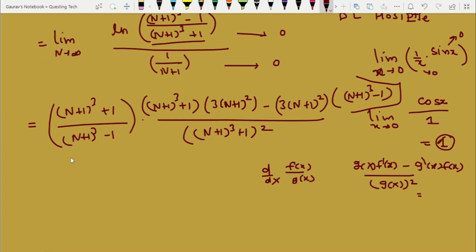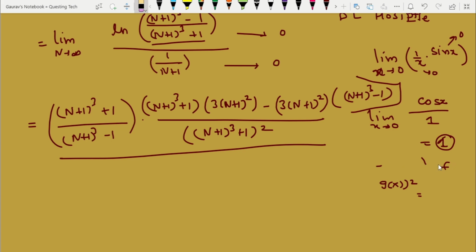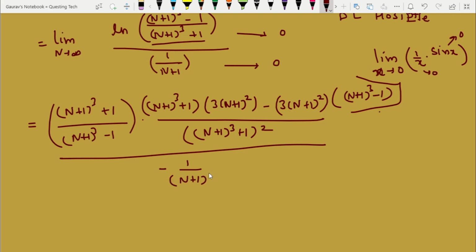And in the denominator we have just 1 over n plus 1, and its differentiation comes out to be minus 1 over (n plus 1) squared. Simple.